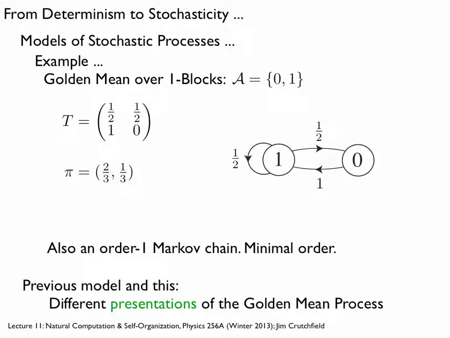So the 2 different models, this 2-state model and the 3-state model, are 2 different presentations of the golden mean process. Sometimes it's a good thing to have different models. Sometimes certain properties are easier to calculate or just easier to work with. Trying to find transformations from one kind of model class to another could be very helpful, especially for simplifying calculations.